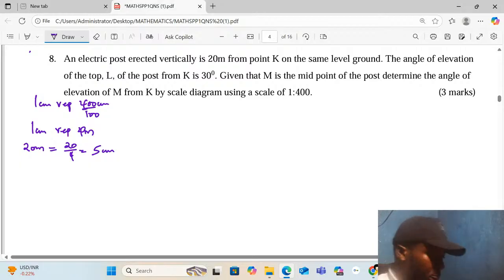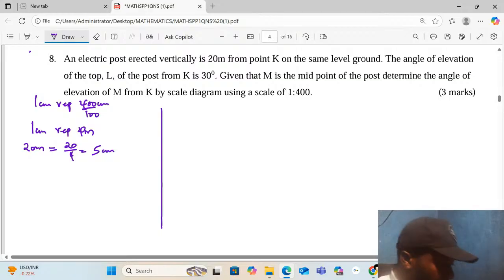So we have this electric post. I'll draw this one. We don't know the height of the pole.